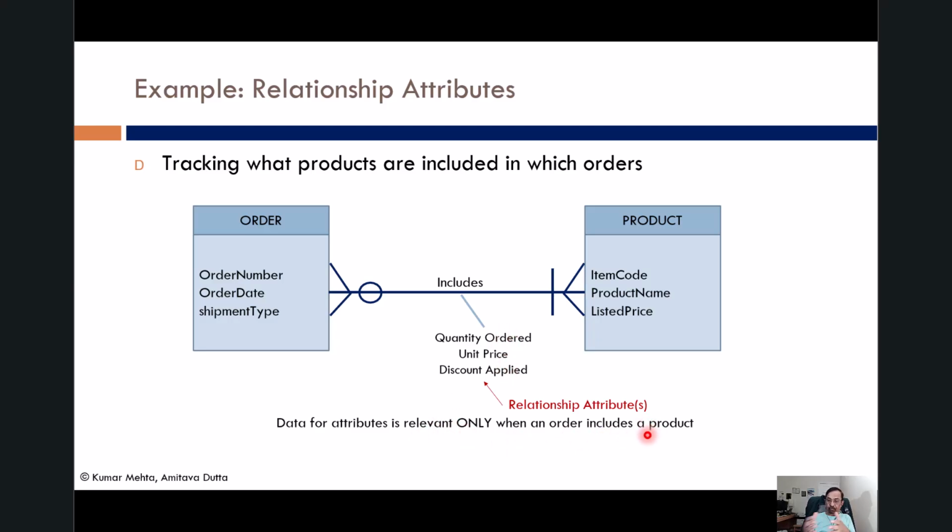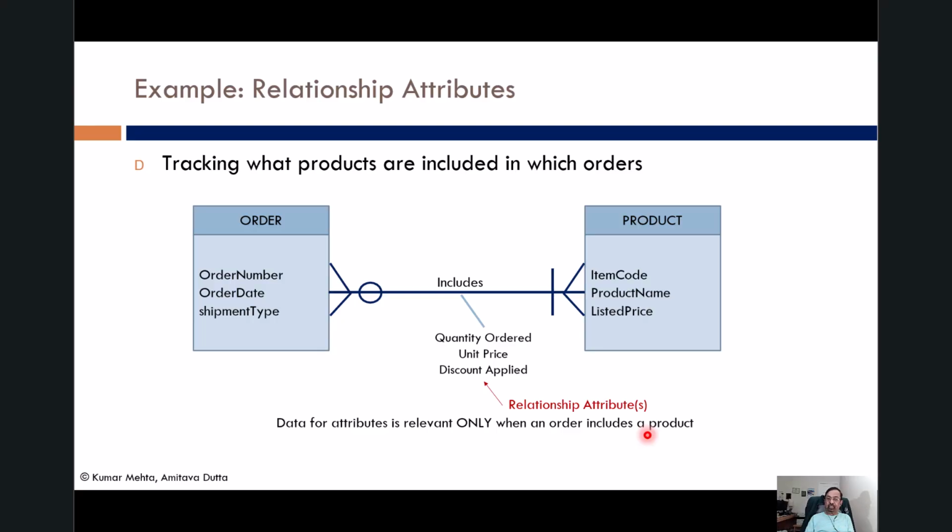When you have a product in an order, that's when those three attributes are relevant. So this is what we mean by relationship attribute. You can see this concept of an attribute has been refined to now apply to relationships as well as entities. The appearance of attributes in entities is very natural, as we've said repeatedly so far.